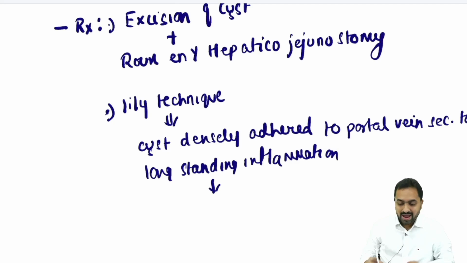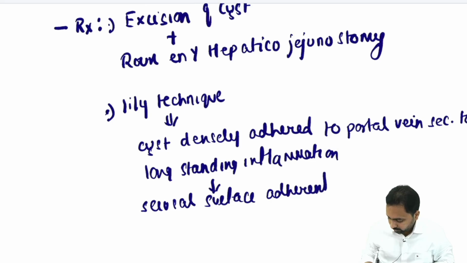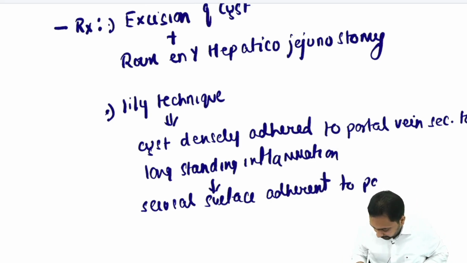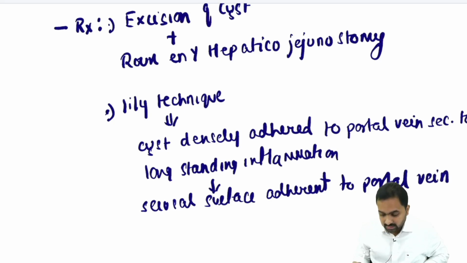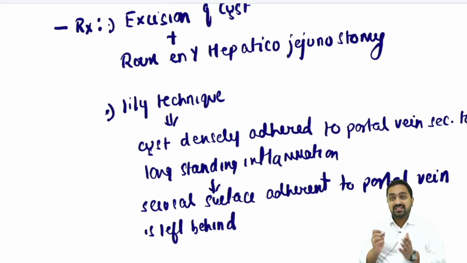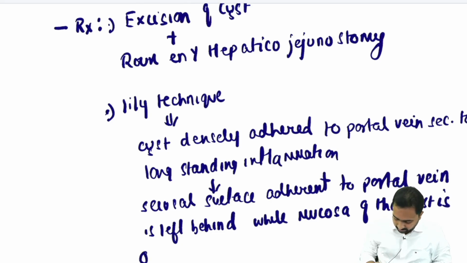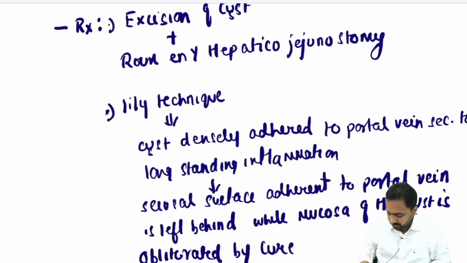So the serosal surface, which is adherent to the portal vein, is left behind, while the mucosa of the cyst is obliterated by curettage or cautery.